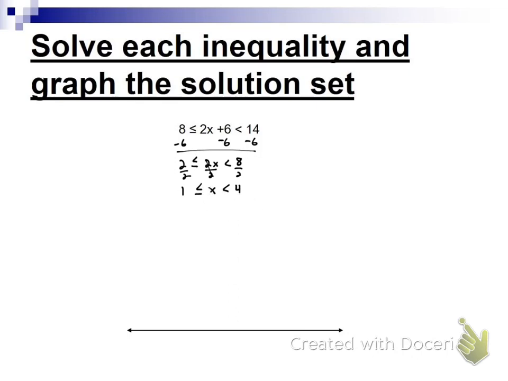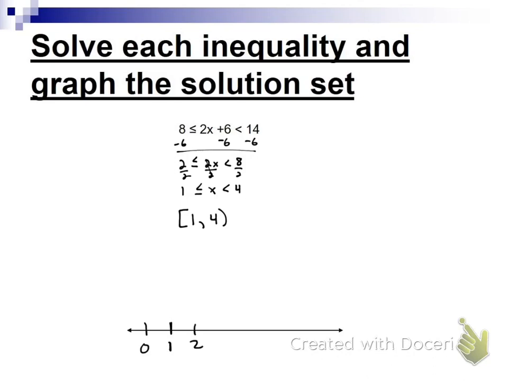Everybody agree with that? Now, look how nice it is to leave it as one inequality when I go to write it in interval notation. Inclusively 1 to 4 exclusively. Here's 1. To the left of 1 is 0.